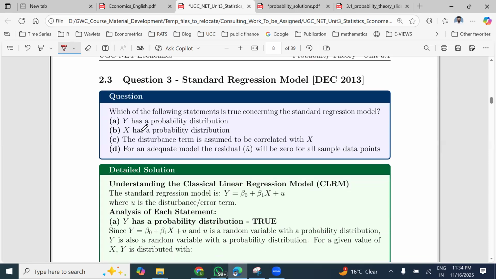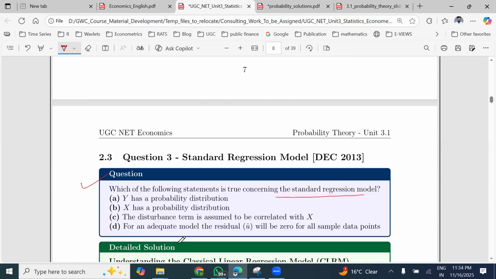Which of the following statements is true concerning the standard regression model? Quickly you have to tell. Y has a probability distribution. Is it true or no? Vasudha?